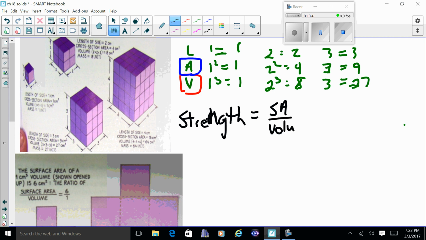So watch what happens here. On the first cube over here, if you notice, the surface area was 1. The volume was 1. So let's just say it had a surface area to volume ratio of 1.